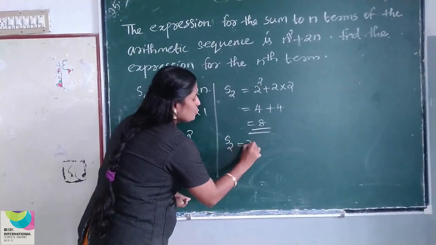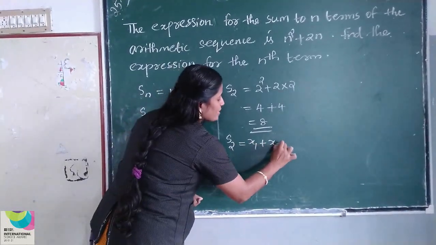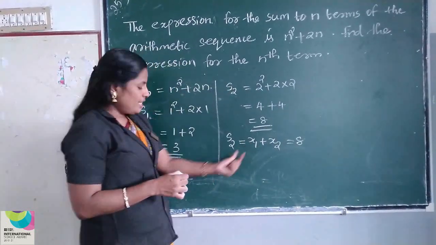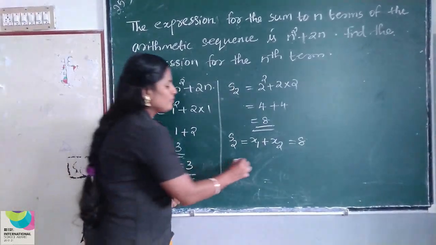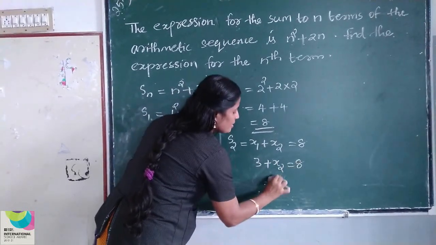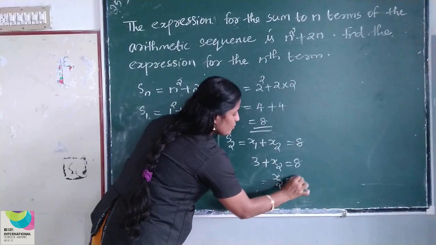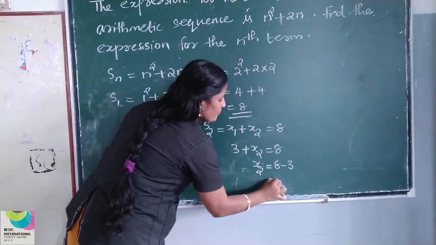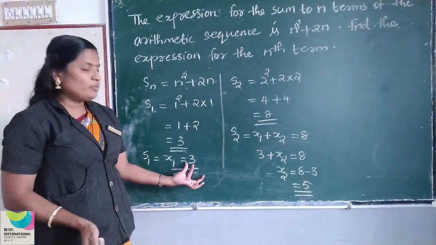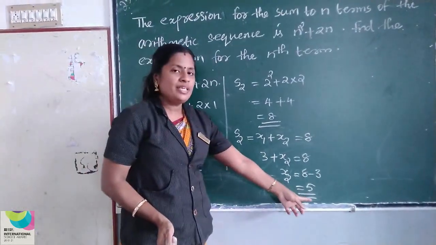S2 equal to x1 plus x2, which is equal to 8. x1 is 3. 3 plus x2 equal to 8. So x2 equal to 8 minus 3, which is equal to 5. So the first term is 3, the second term is 5.